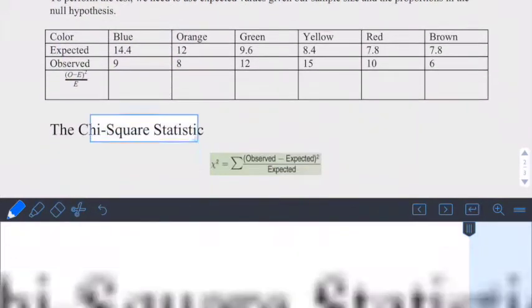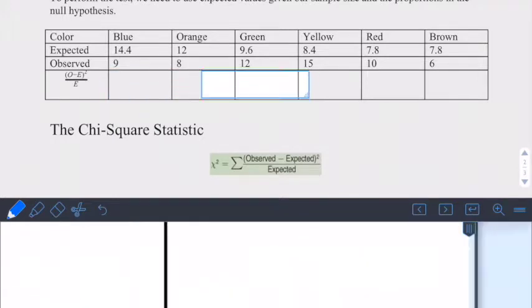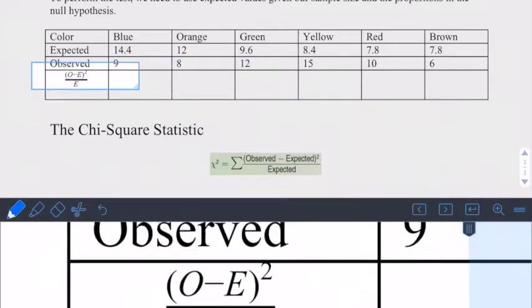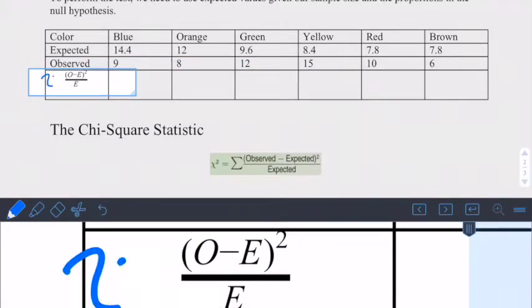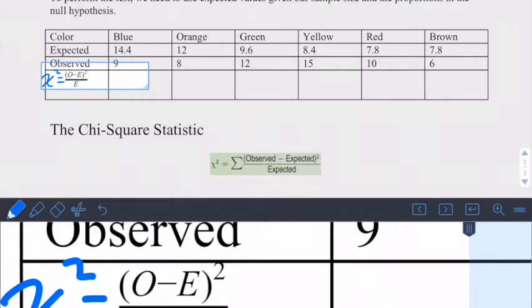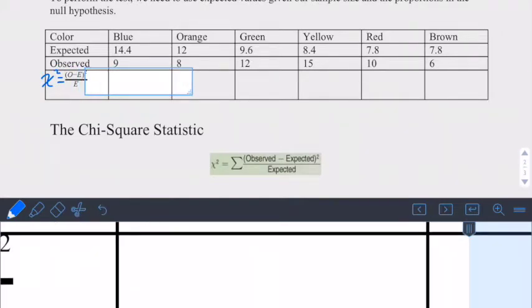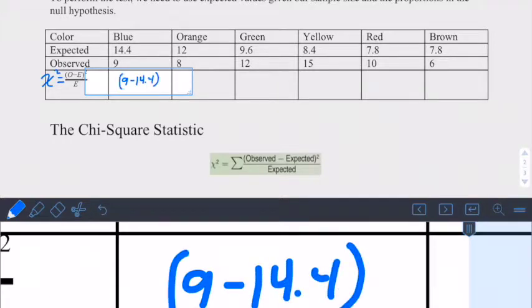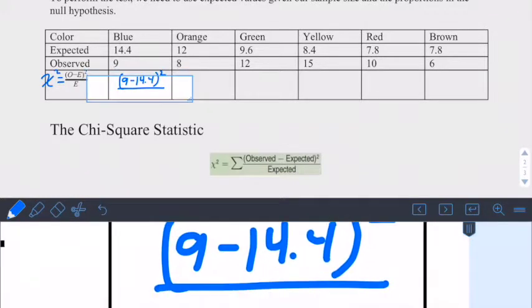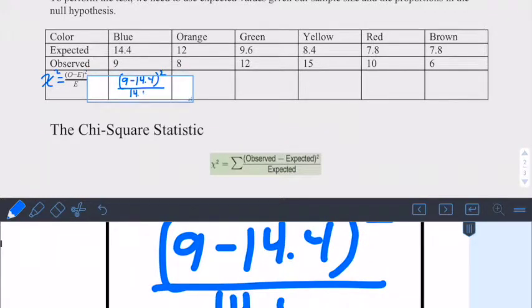To perform the test, we need to use expected values given our sample size and the proportions of the null hypothesis. And what we're going to do is use our formula for chi-squared, which is the sum of observed minus expected squared divided by expected. So we have our observed 9 minus 14.4 squared divided by our expected, which was 14.4.